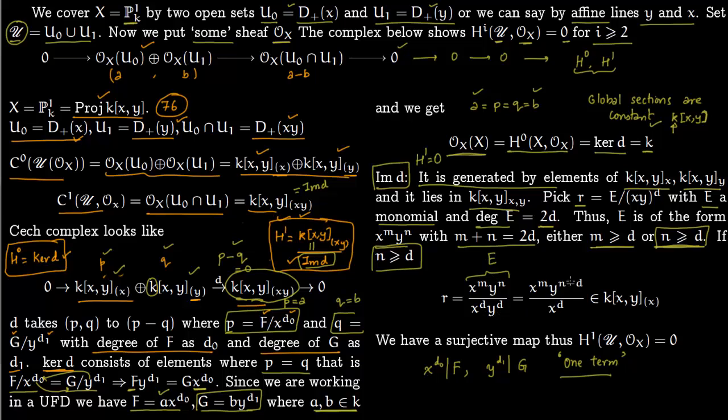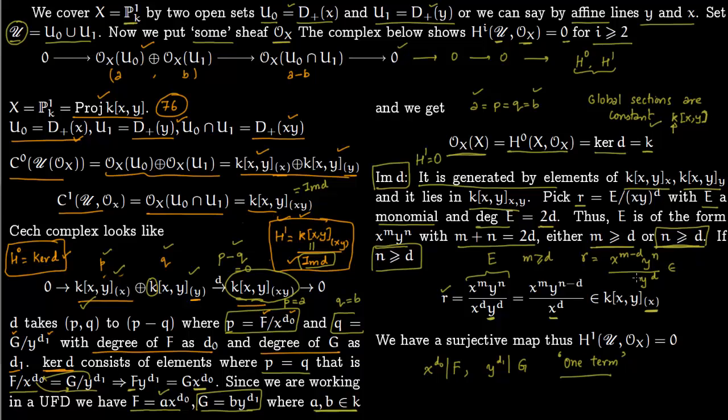Now you take this above because n is greater than d. So you have y^(n-d) x^m over x^d. But now see, this lies in this part right here. So this r is coming from here for n greater or equal to d. Now if m was greater or equal to d, then you will delete from x, and your r will become x^(m-d) y^n divided by y^d.